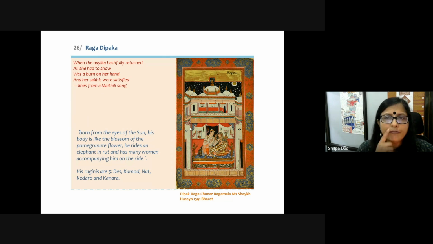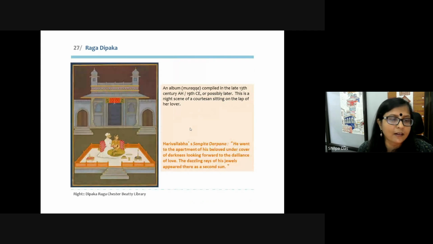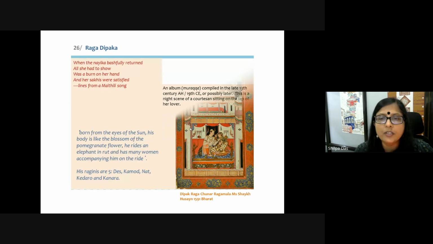And very softly, but not with excessive emotion, he holds his beloved close to him, and she sometimes shyly turns her face away from him, and she covers her chest with her dupatta. That is a very typical thing. In the background, you will often see a bed and cushions.